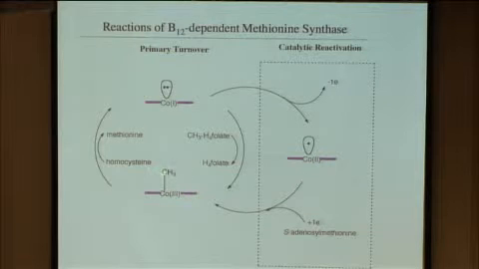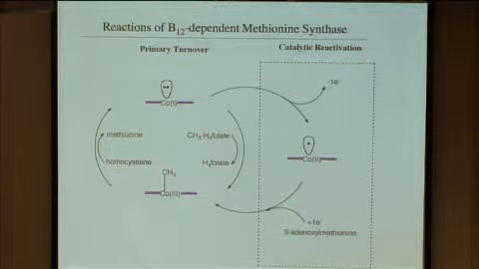It gives the methyl group, the CH3 group, up to homocysteine to form methionine, and then you're in a +1 state of cobalt. But this state can lose an electron, and you can have what's called the Cob(II) form of the enzyme, which you need to put another electron in and reduce to go back, and you also need to methylate it again. And the methyl group comes from S-adenosyl methionine.